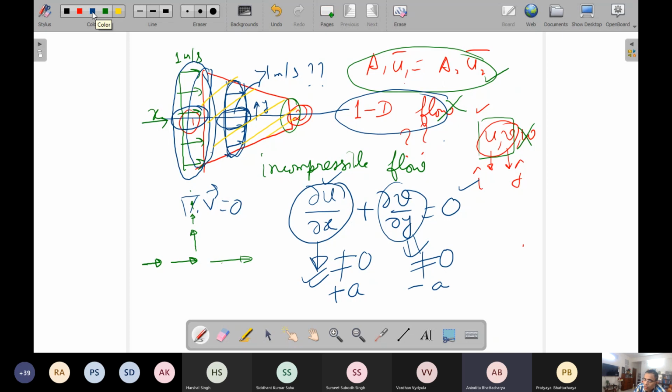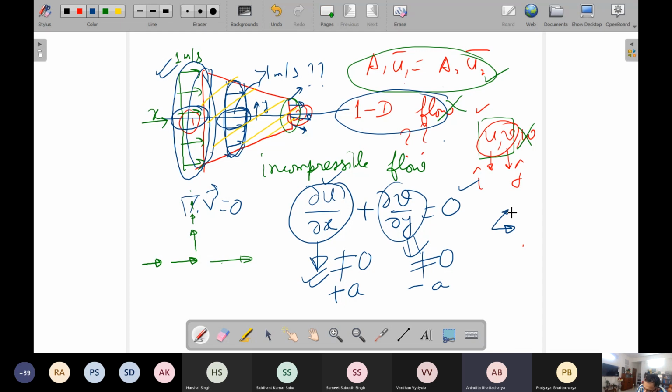Why? Because let us take an example. Say inlet we have fixed, but outlet we have not fixed. So let us say outlet we have no control. It is moving out with a random velocity. So now this random velocity will have some x component and some y component.